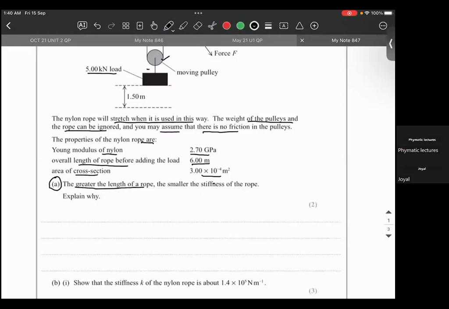So how will you frame this answer? The greater the length of the rope, the greater the extension for a given force.